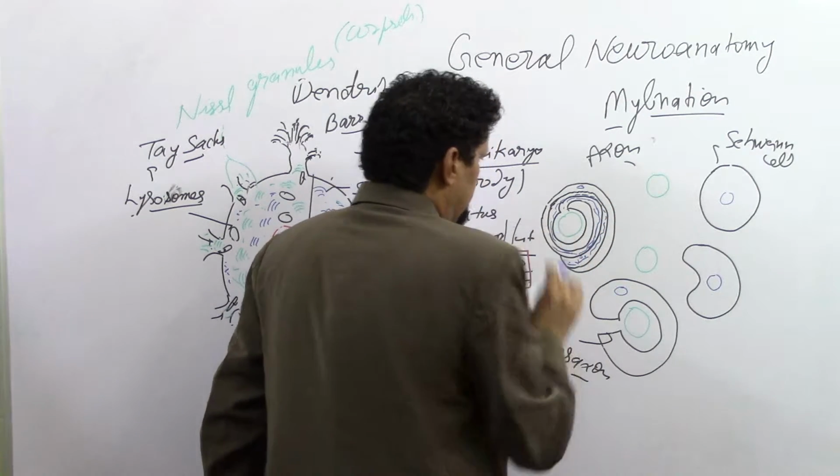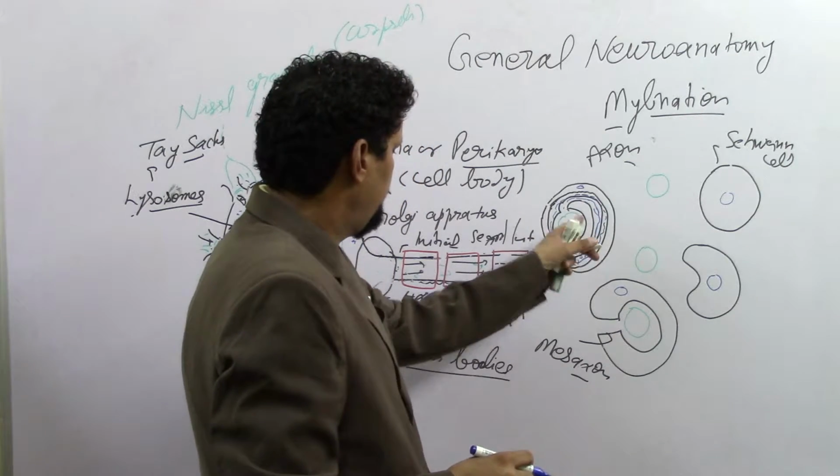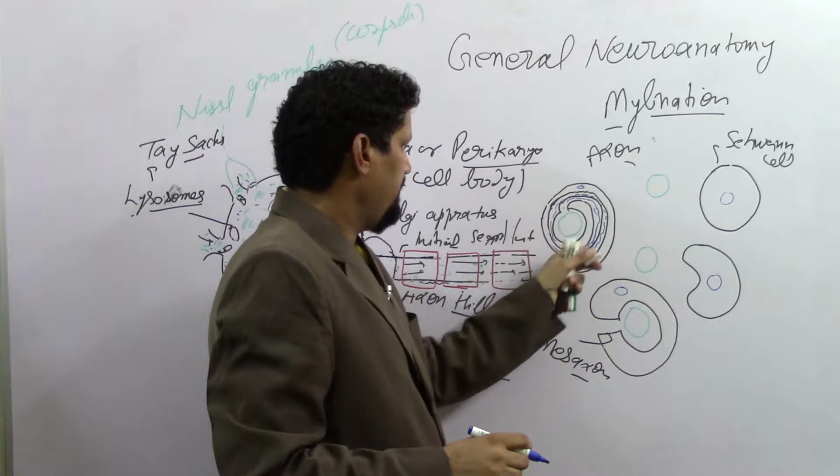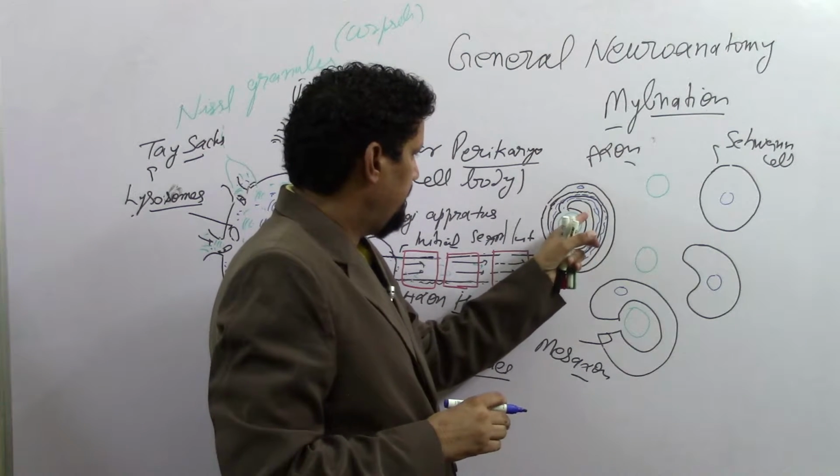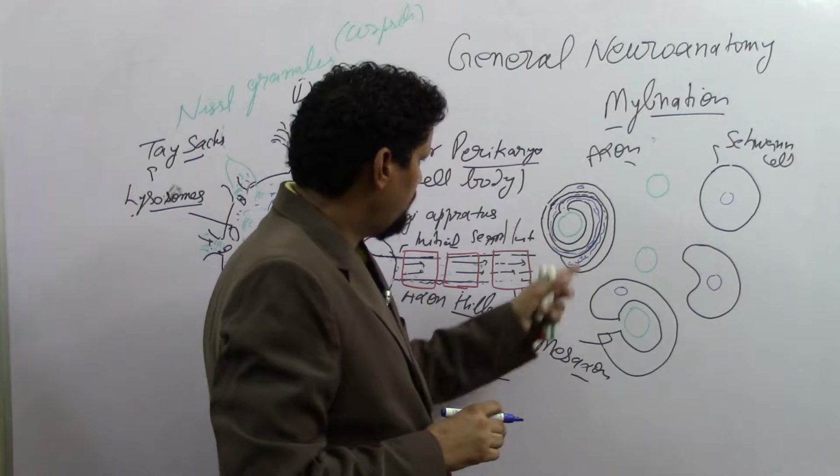So this is the myelin sheath, formed by the membrane or the plasmalemma and the lipoproteinous substance known as myelin.